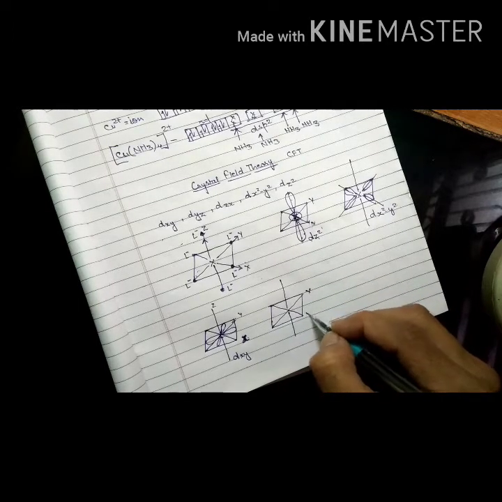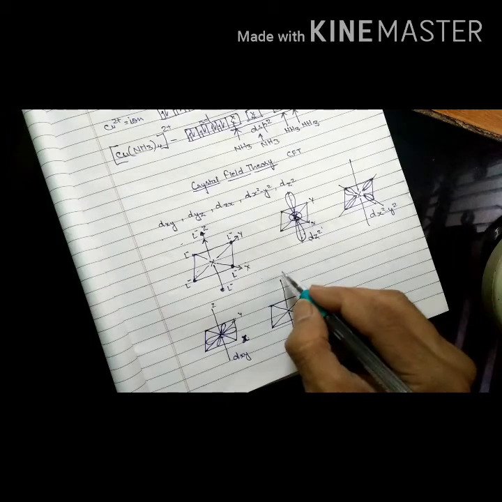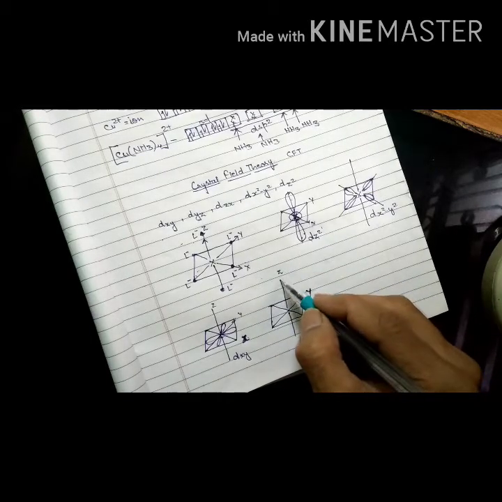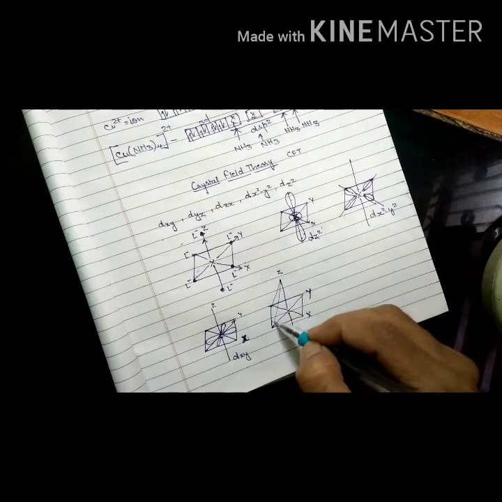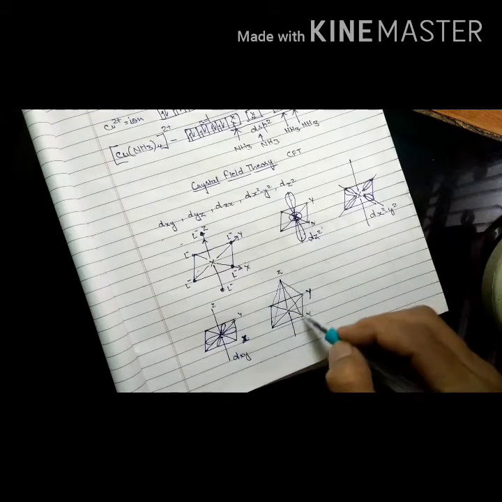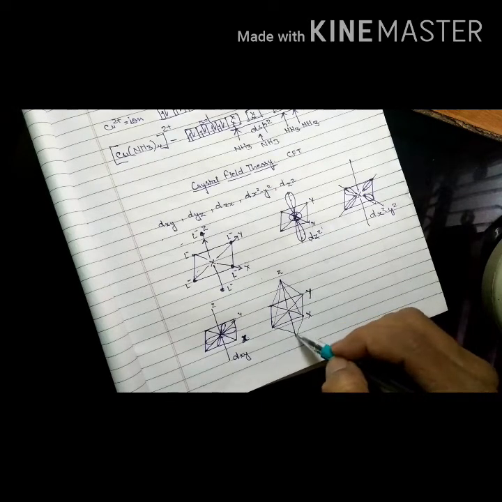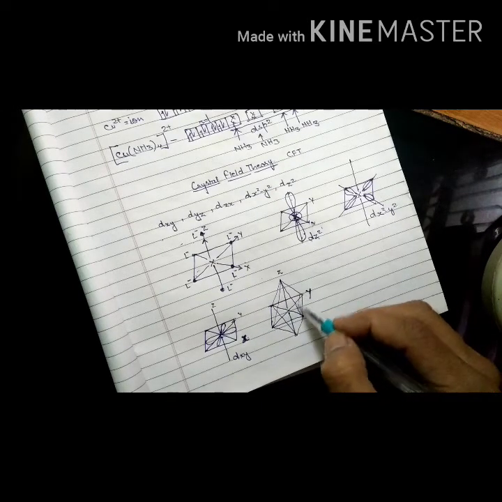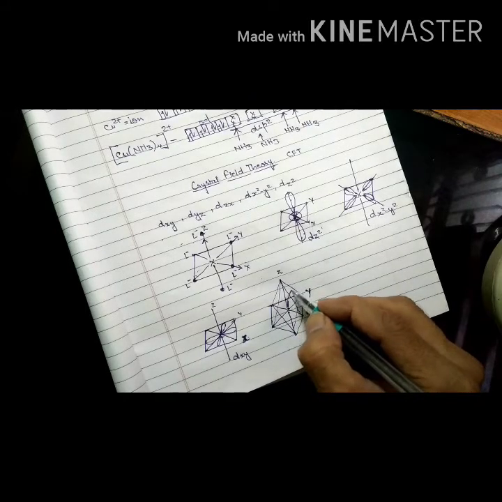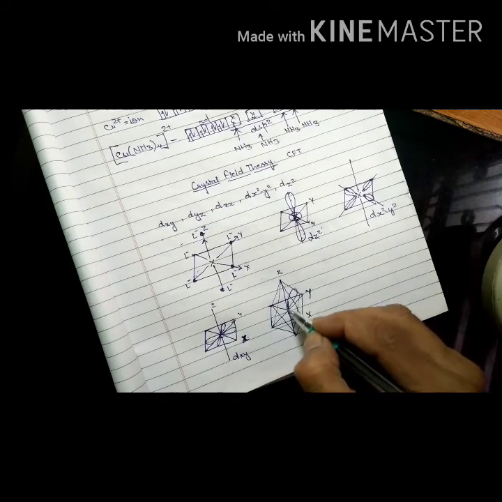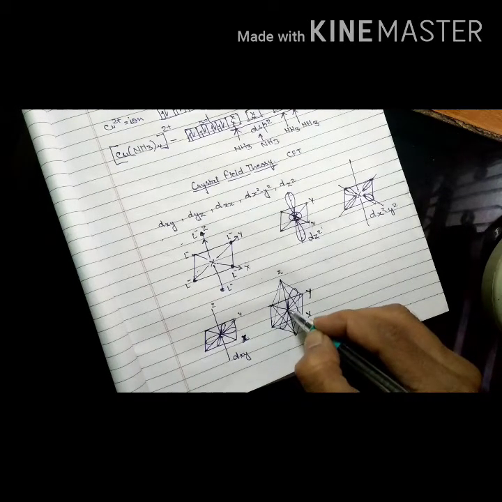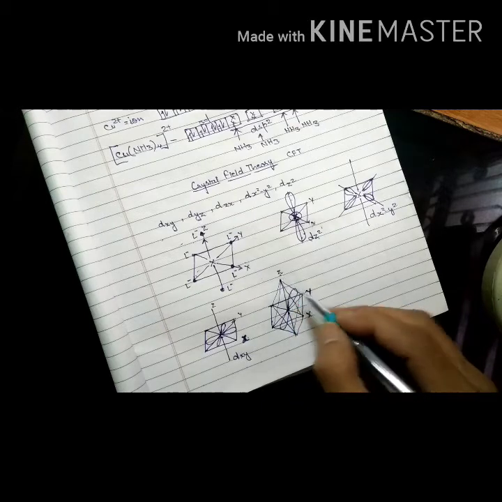Y, x, z, and they are the bipyramidal structures formed by 5 d orbitals. One orbital is present on the y and z axis.